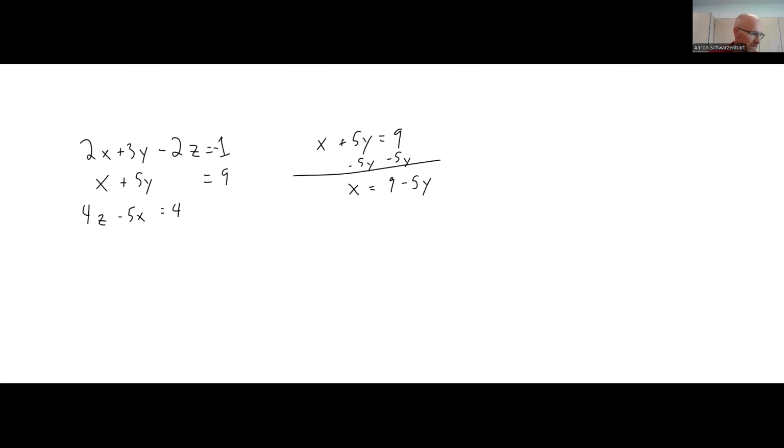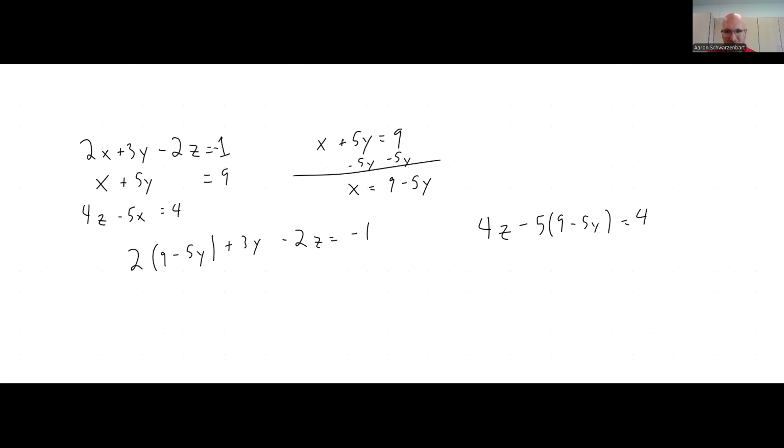I will then substitute x into both equations 1 and 3 to get rid of the variable x entirely. So that's 2(9 minus 5y) plus 3y minus 2z equals -1. And for z, minus 5(9 minus 5y) equals 4.